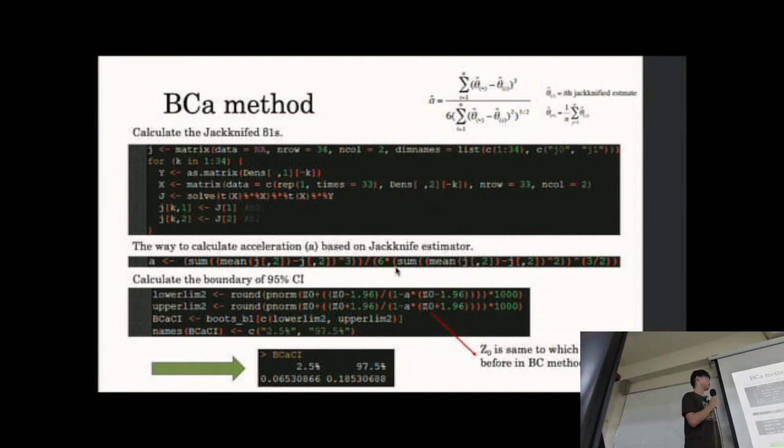And then calculate the boundary of the 95% confidence interval. The Z0 in this equation is the same one mentioned before in the BC method, and the result is here. The lower limit is 0.065 blah blah blah, and the upper limit is 0.1853 blah blah blah.